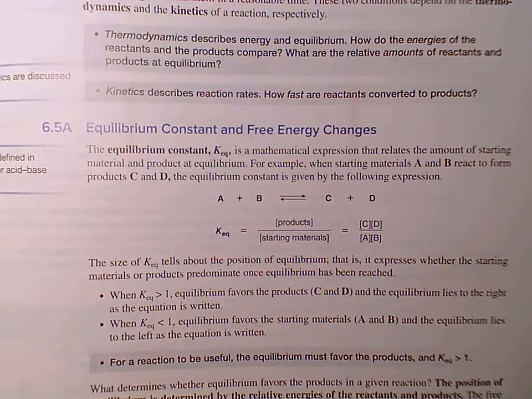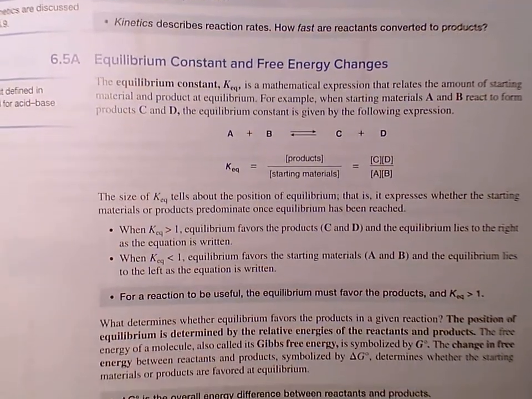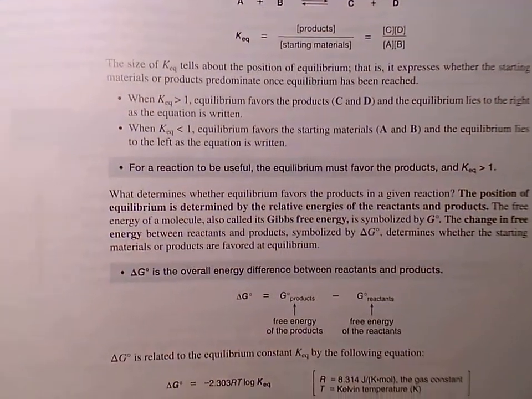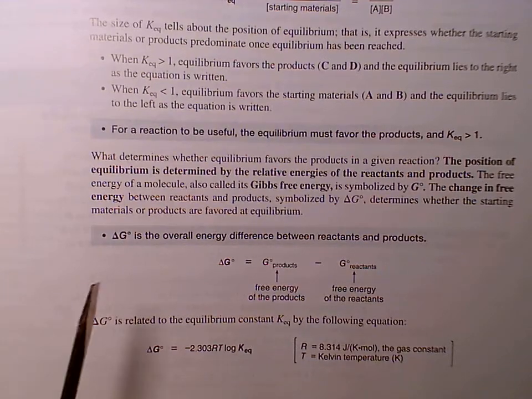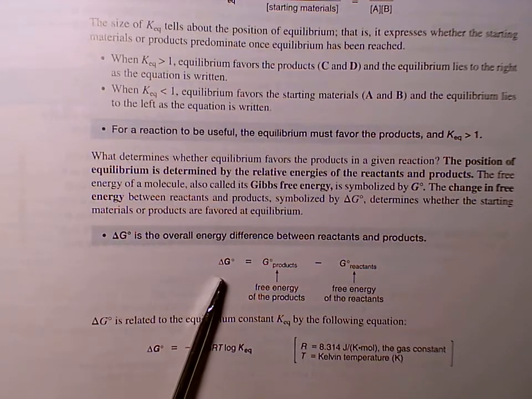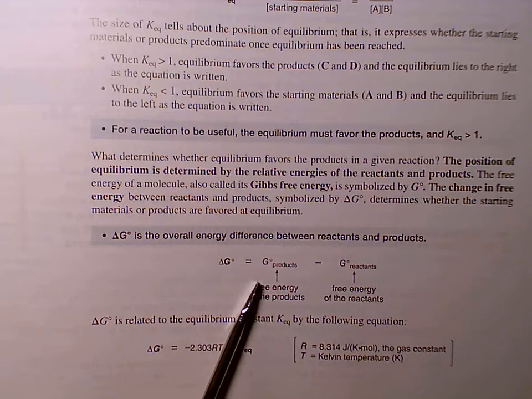Okay. And remember that whether the reaction lies to the left or to the right can be explained by the change in Gibbs free energy, delta G. So delta G naught, the change in Gibbs free energy, is the free energy of the products minus the free energy of the reactants. Your books like log. Most people prefer natural log, ln.